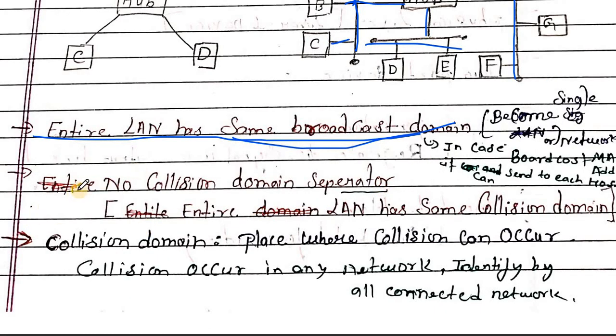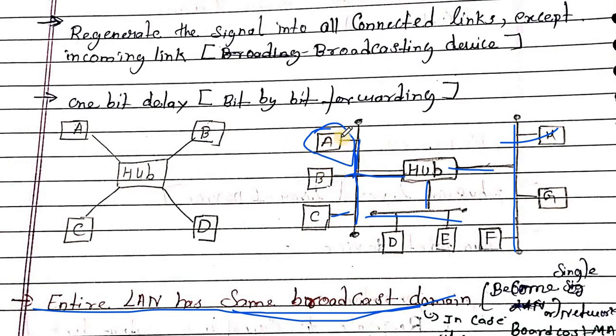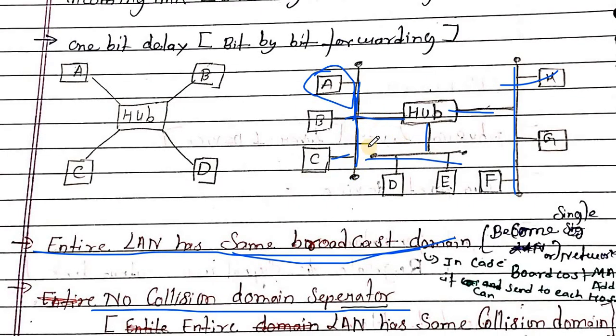Here the point is, no collision domain separator. Means that if host A sends the packet, and if a collision happens in the channel, then the collision signal is sent to A, B, C and transferred by the hub to the G, H, E, D or F hosts also.